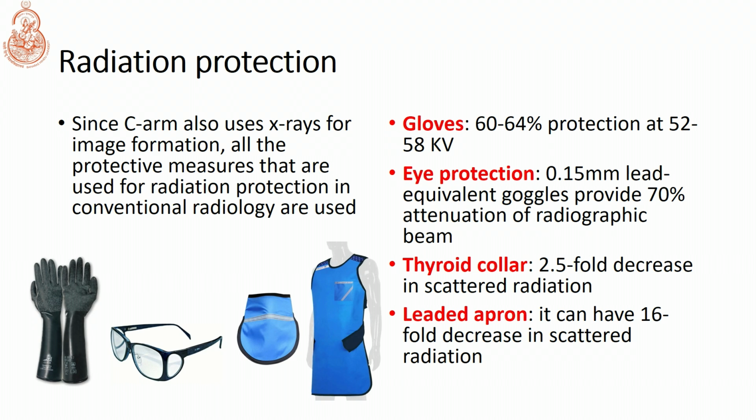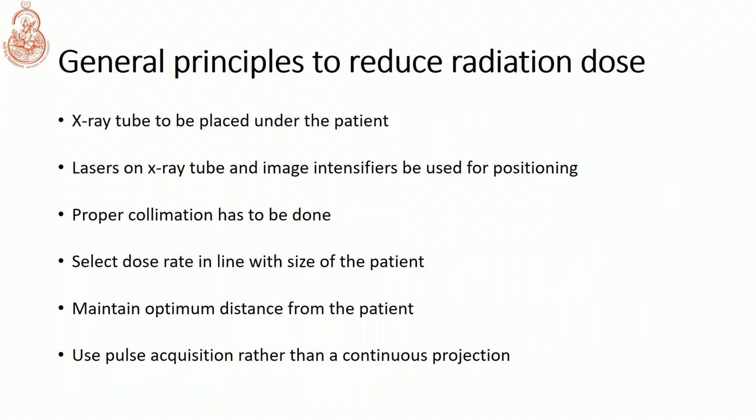The thyroid collar is going to decrease the scattered radiation 2.5 folds, while the leaded apron is going to decrease the radiation somewhere around 16 folds.